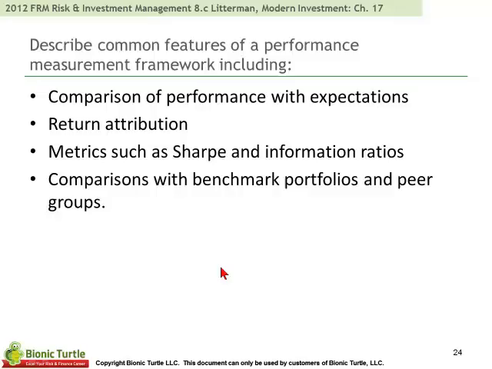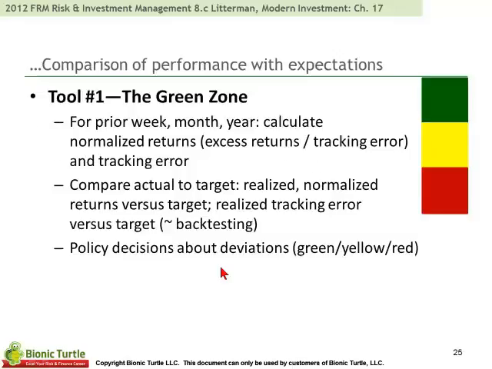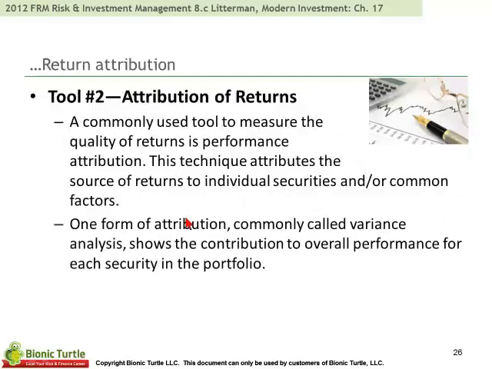So then if we break out those four tools, we have the comparison of performance with expectation, where tool number one is the green zone. And this reminds me of the Basel back test for market risk. So we're comparing the actual results to target. Two, attribution of returns.